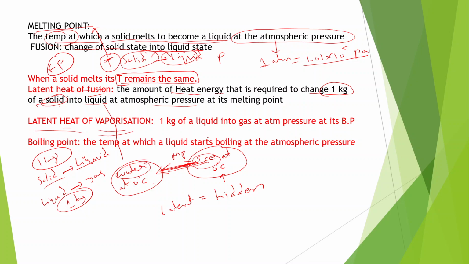So suppose the boiling point of water is 100 degrees Celsius. Boiling point means the temperature at which a liquid starts boiling at atmospheric pressure. Atmospheric pressure means this 1.01 × 10^5 pascals, that normal atmosphere.